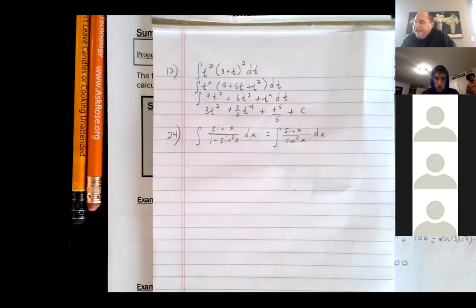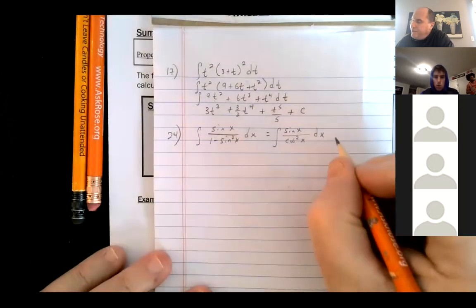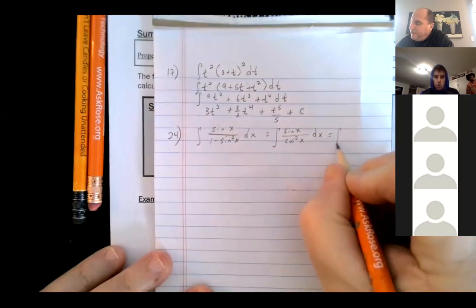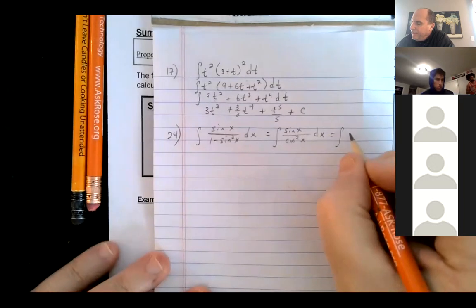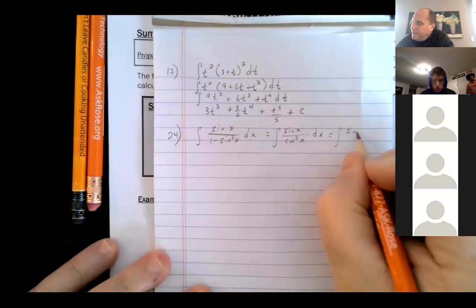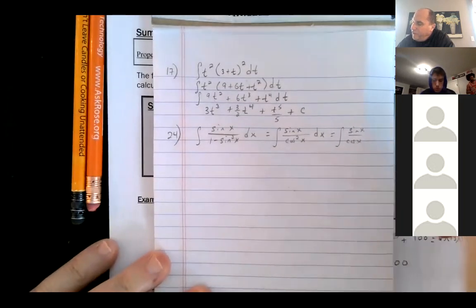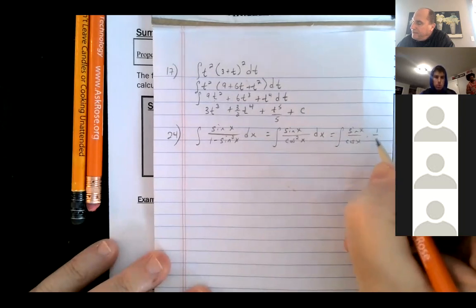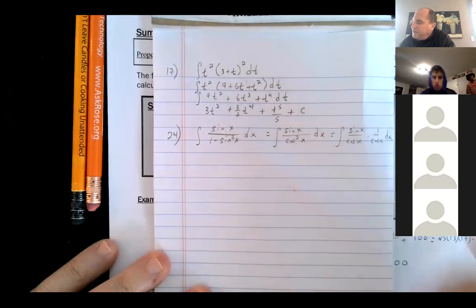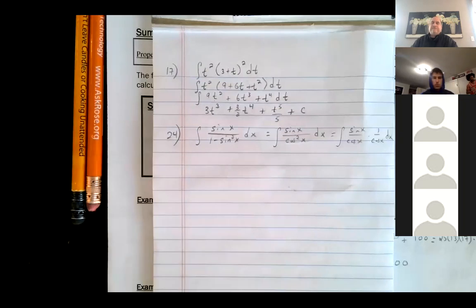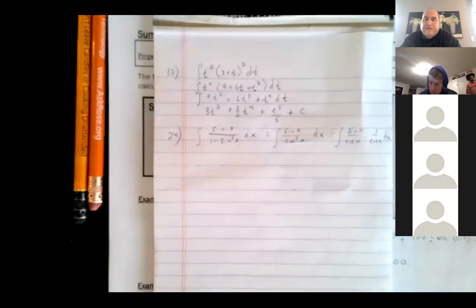So I can break that up into sine. Can I break this also up into sine over cosine times 1 over cosine? So what's sine over cosine?